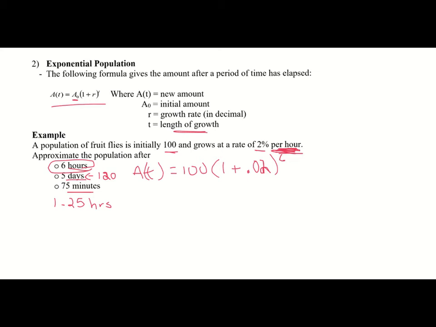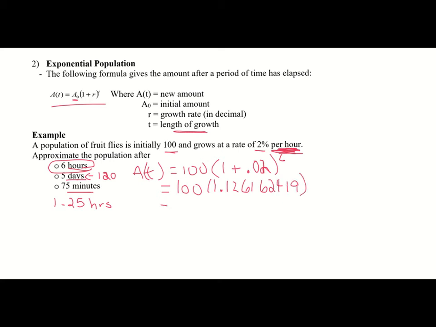And so for the first one, I'm going to do 1.02 because 1 plus 2 hundredths, raised to the 6th power, which is going to give me 100 times 1.1262419. And I'm going to times it by 100.